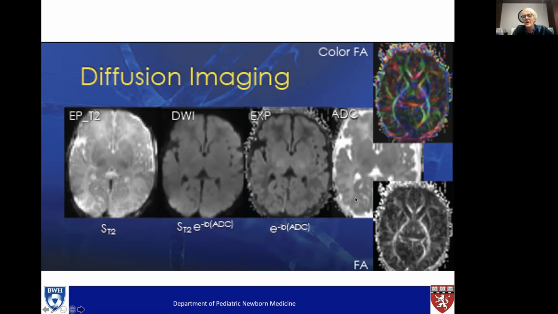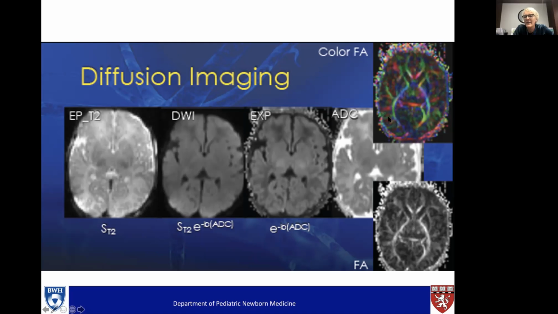Now, when we take the direction of water movement, looking at how the water is moving, we can also generate maps that give us fiber tracts, because water will move along a fiber tract only in a very limited highway. I'm on the highway, I can't get off, I've just got to move up and down, up and down. And we can look at these by so-called anisotropy maps. And this is the lower one that shows these bright white fibers for the optic radiations, posterior limb of the internal capsule and the corpus callosum.